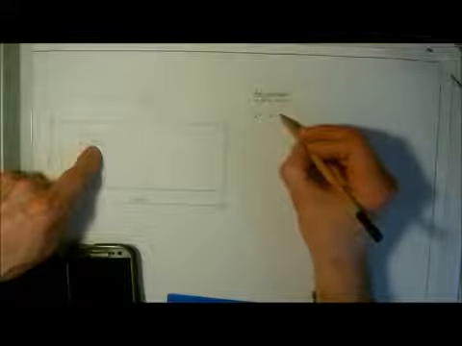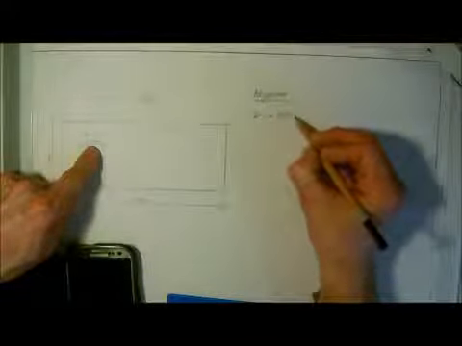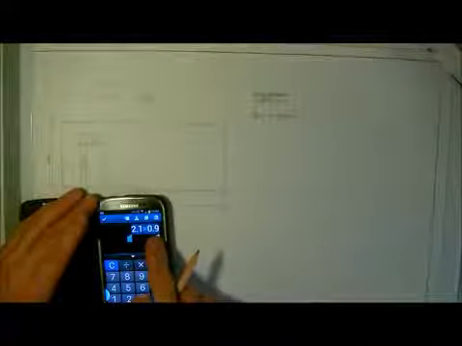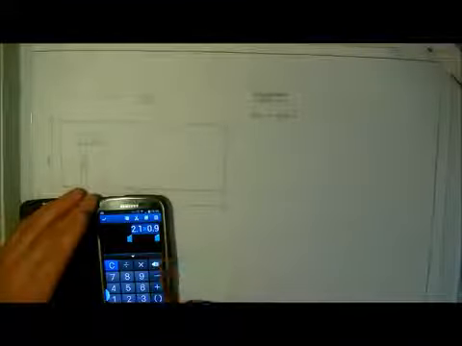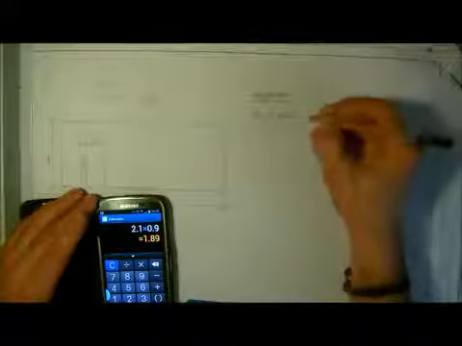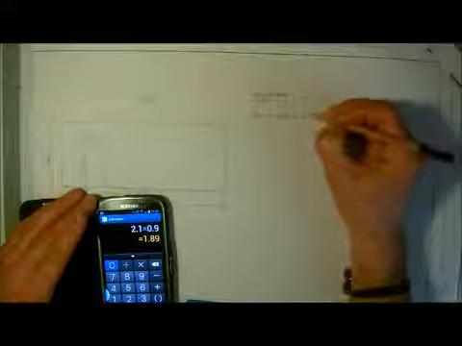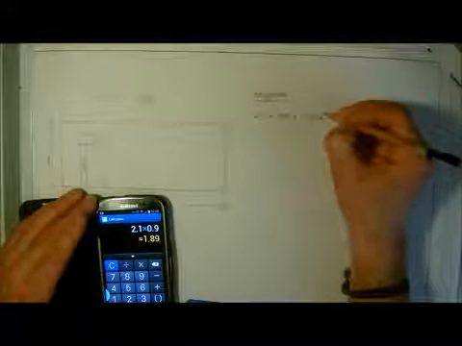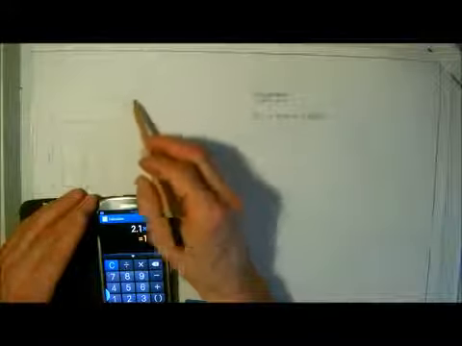So 2.1 multiplied by, and that's just under a meter there, 0.9 equals. So we can see the area of our doorway is going to be 2.1 multiplied by 0.9. And again, just notice how the 0.9 looks on the calculator. Equals, and we have 1.89 meters squared.